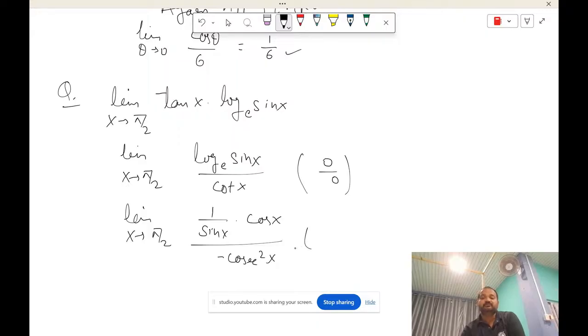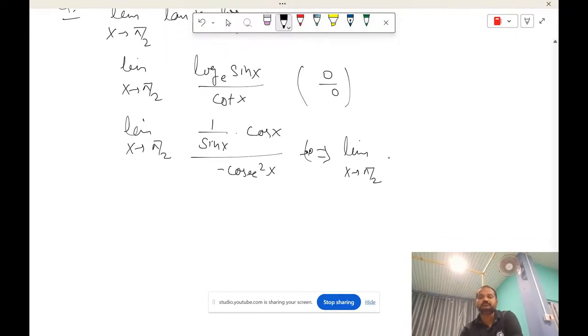Now we will rearrange the function. Limit x tends to pi by 2, cos x by sin x, and minus 1 by sin square x.